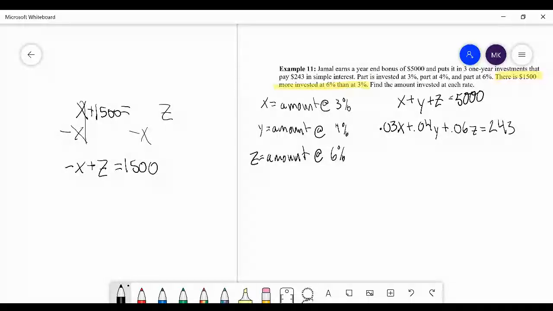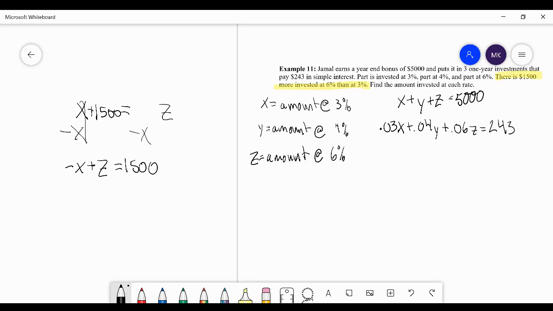The reason I put it in that order is to match the other equations I've already created. Normally, we would say something like 1500 equals z minus x, which makes sense. If I take the amount invested at 6% and subtract the amount invested at 3%, that's 1500, because there's 1500 more invested at 6%.